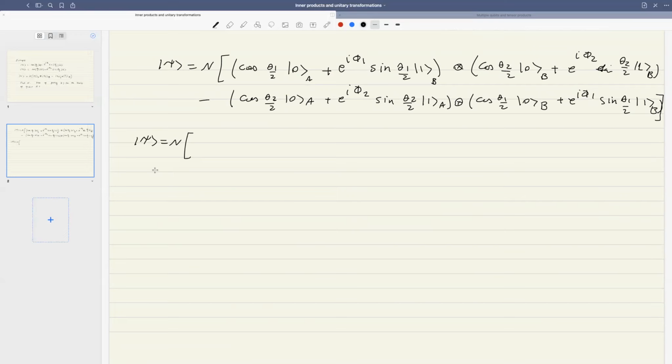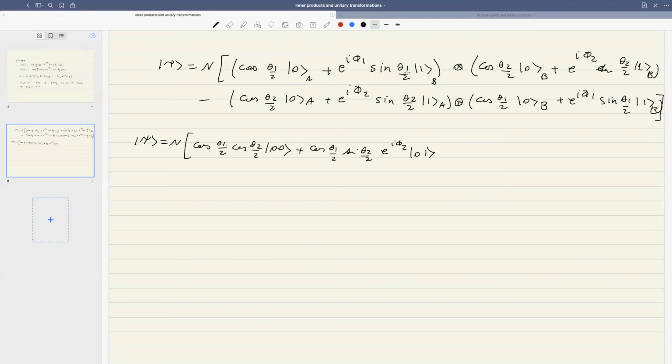So the state psi is equal to N, and let's expand it out. 0 tensor 0 has a coefficient that's the product of the cosines: cosine theta 1 over 2, cosine theta 2 over 2, 0 of A, 0 of B, which I represent by 0, 0. Then 0 of A, 1 of B gives cosine theta 1 over 2, sine theta 2 over 2, e to the i phi 2, for the state 0, 1.